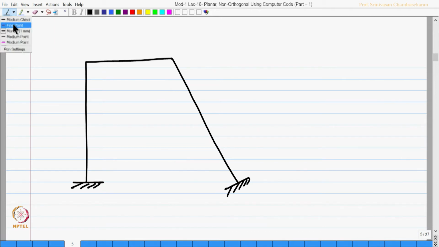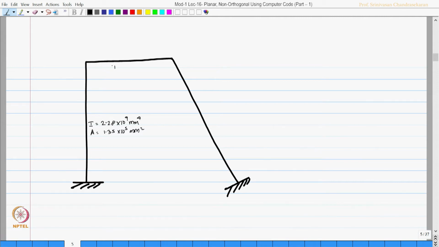Let us say the I value of this member is 2.28 into 10 power 9 mm4 and cross section area is 1.35 into 10 power 5 mm square.